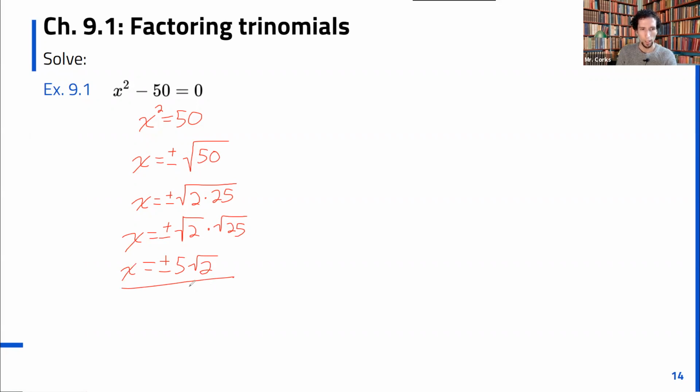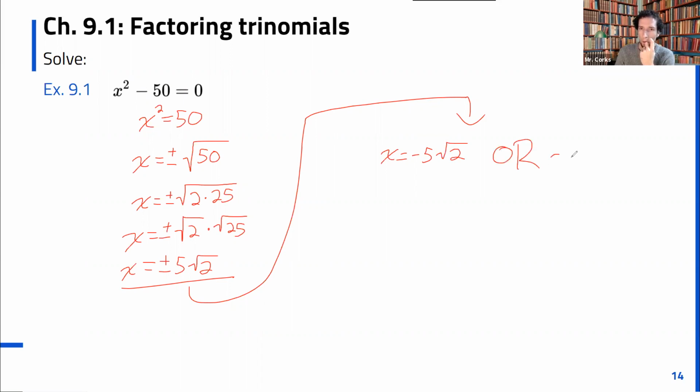Okay. From here, let's just do a little bit more. So there should be 2 values of x as solutions. Tell me the 2 things x could be equal to. Minus 5 root 2, or positive 5 root 2.